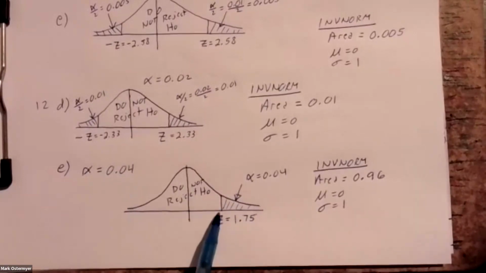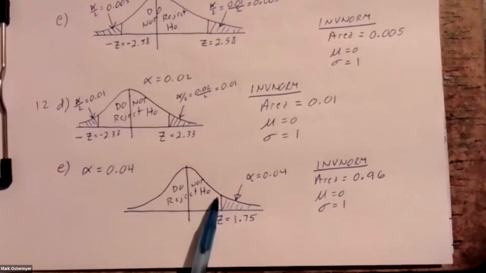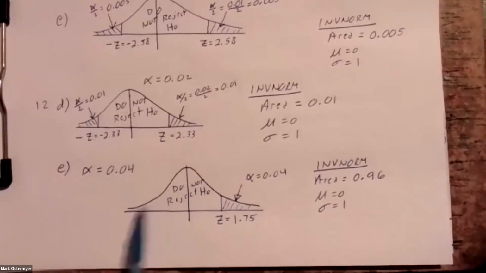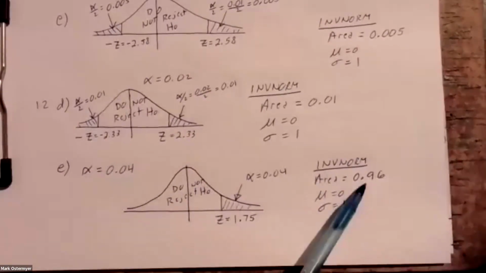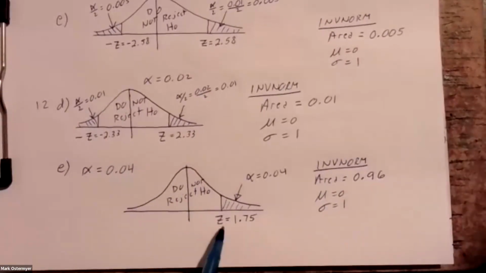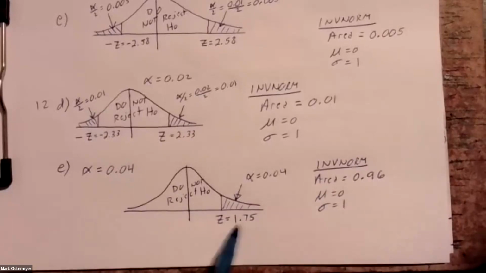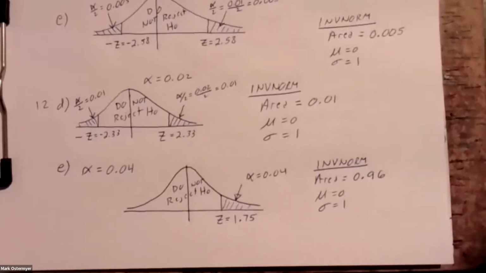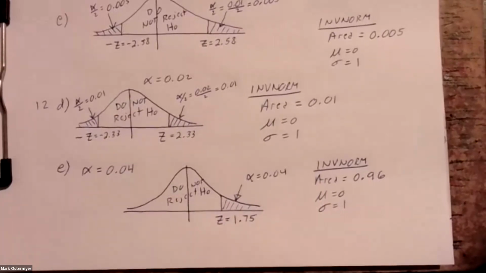Therefore, to find this upper critical Z value, I would have to use the area to the left of this critical Z value, which would be 96% of the area of the curve. So I type in 0.96. When I do that, I get a critical Z value of 1.75. Did anybody get that value? 1.75. Anybody? Yep. Okay. All right.